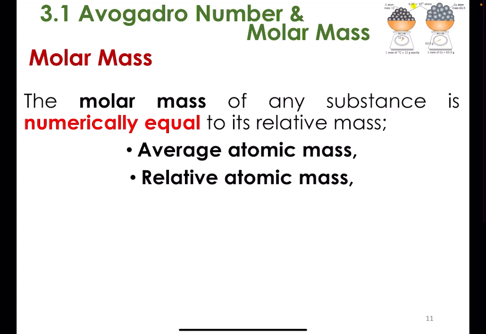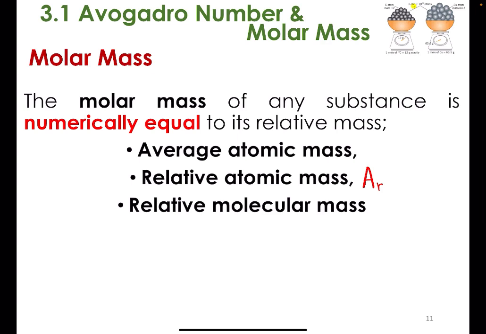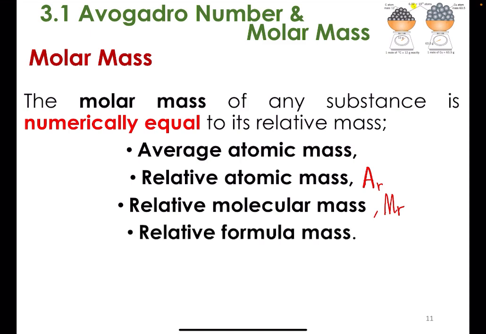And the symbol for relative atomic mass that you've learned from the previous chapter is Ar. And also, molar mass juga nilai dia sama, numerically equal with relative molecular mass. And in this term, biasanya kita gunakan sebagai Mr. And the same thing as relative formula mass, also Mr.